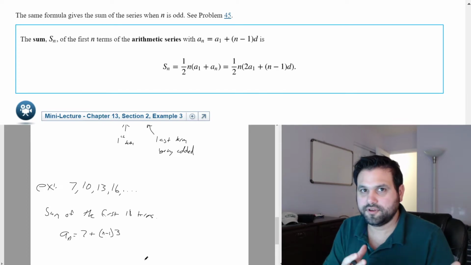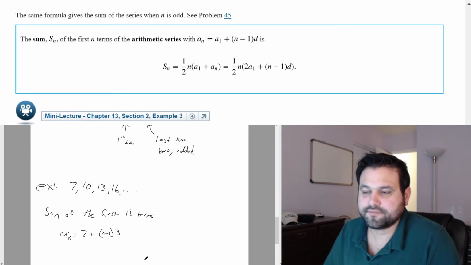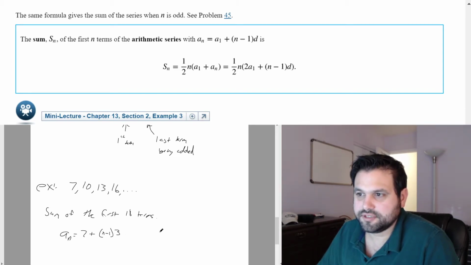That's the formula from last section. So to find the sum of the first 18 terms, we're going to be using S sub n equals 1/2 times n times a sub 1 plus a sub n.